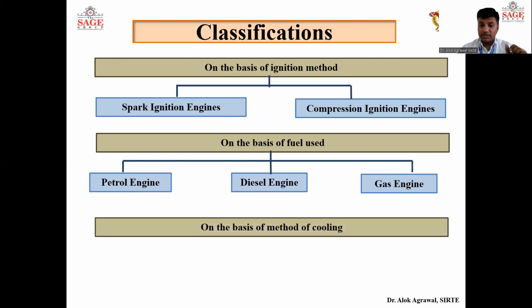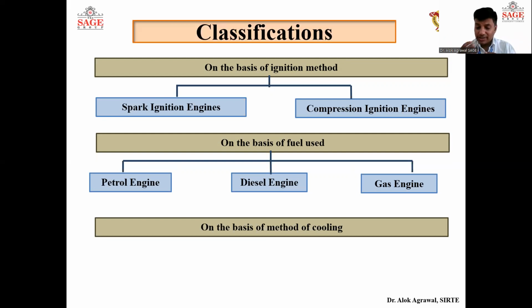Okay. Next is on the basis of method of cooling. While we are using an internal combustion engine, what is happening? Fuel burning takes place, and when fuel burns, a lot of heat energy is evolved, and we are able to utilize a part of that thermal energy, while the major part of this energy goes unutilized.